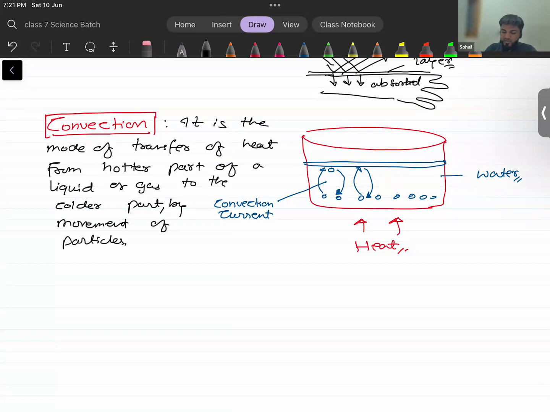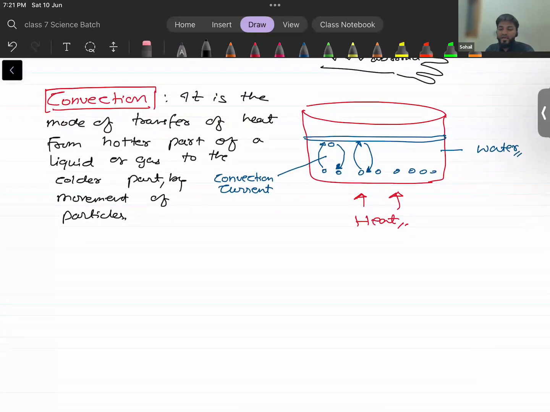Now, the phenomena of land breeze and sea breeze is also based upon convection.